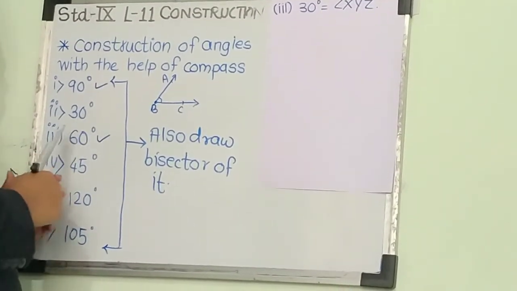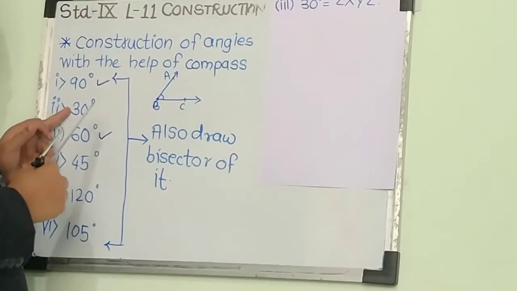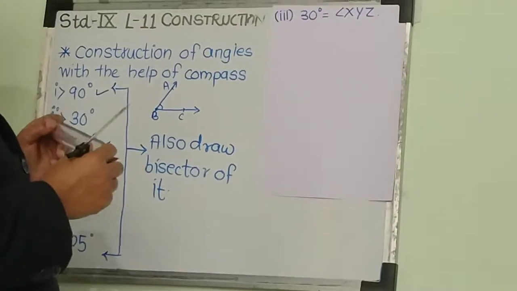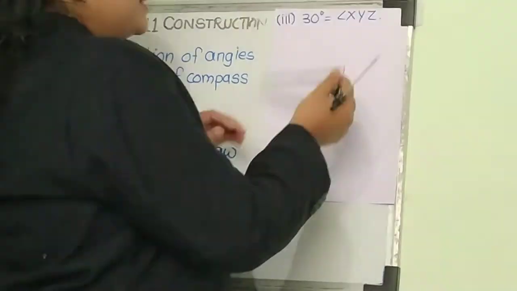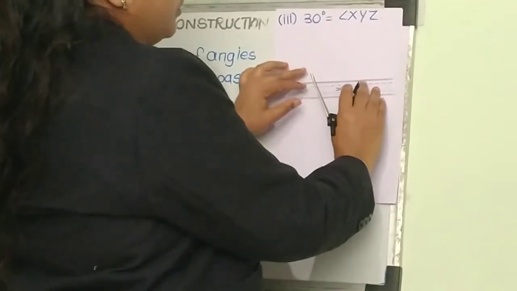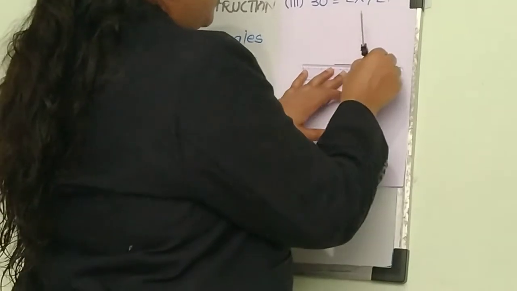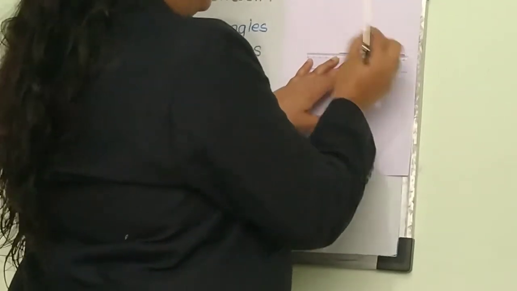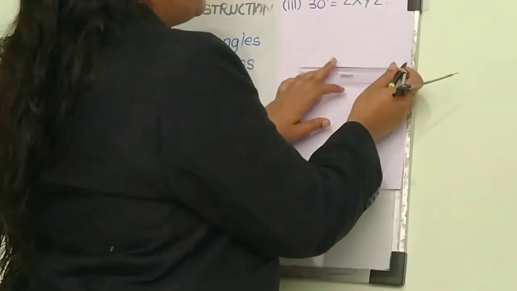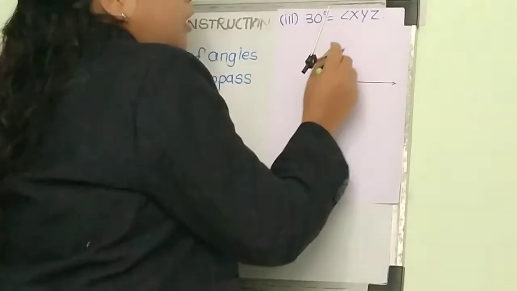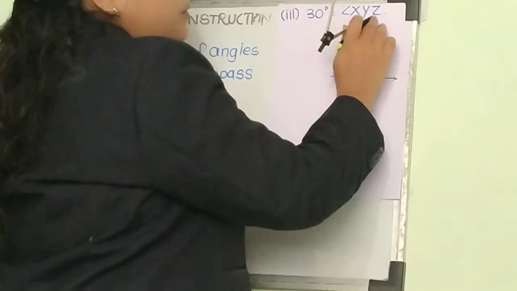Now we are going to draw the 30 degree angle with the help of a compass. So the same steps we have to follow for the 30 degrees also. Here we are going to draw one ray. Correct, first we have to draw the ray. Now here the angle name is XYZ.